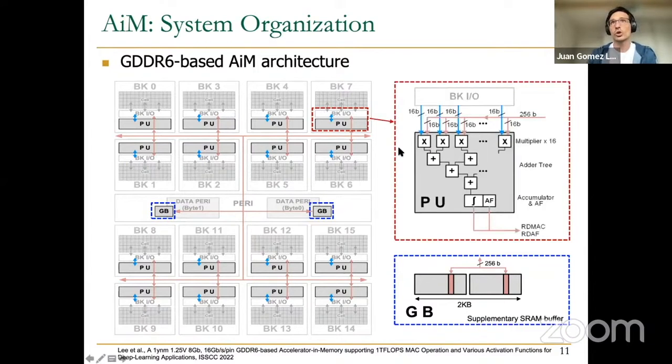If we take a closer look at the processing units, the first thing that we find here is an array of 16 multipliers. The input to these multipliers can come from either the bank IO, the own bank, or from the external buses, as you see, and each of the multipliers performs a 16-bit multiplication.